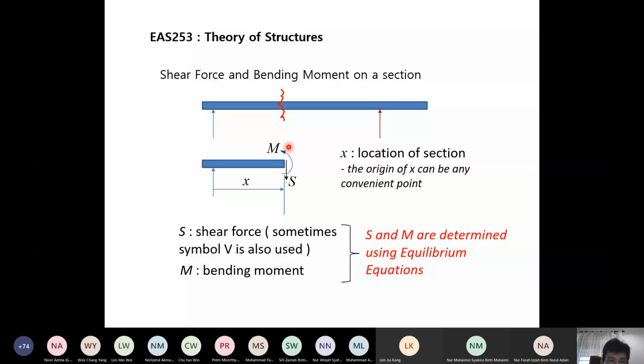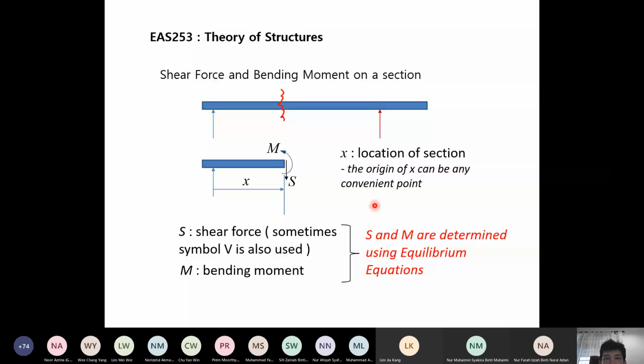So if you use the left hand side or right hand side, here I show the left hand side of the free body diagram, so I get the positive shear, positive bending moment. Axial force 0, I do not indicate here, but in general class there are 3. In this case, beam, the axial force 0. It doesn't mean they are not there, but the axial force 0, that's why it is not shown here.